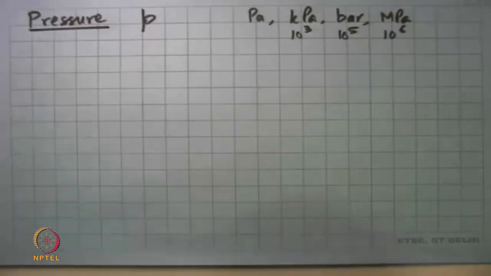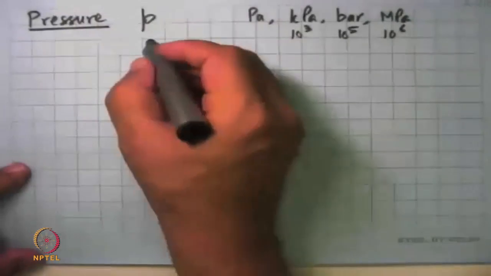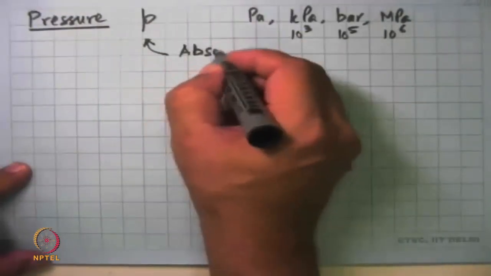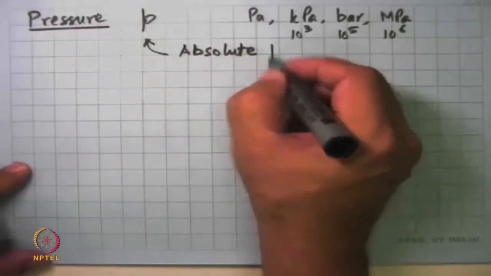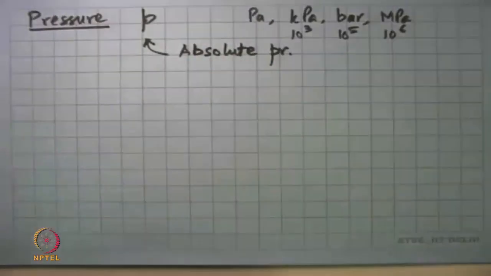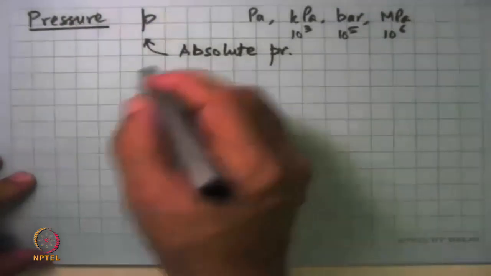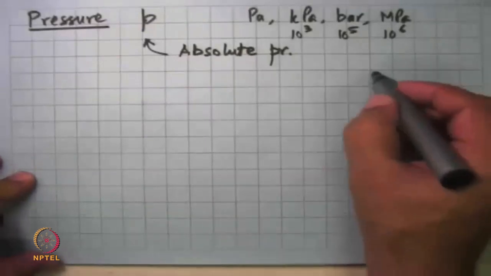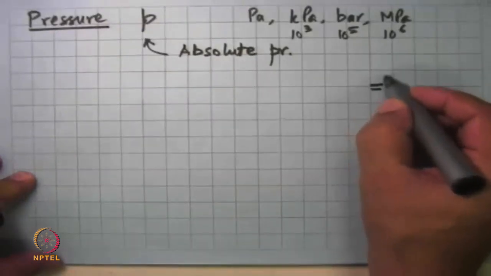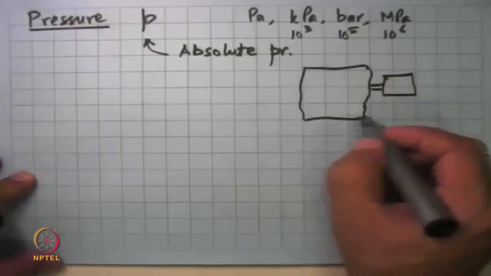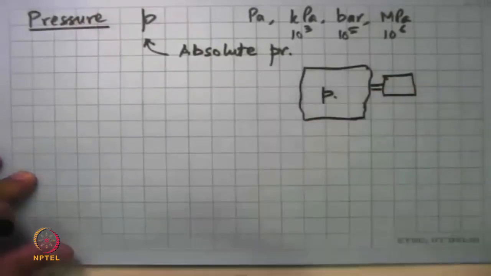And everything that you have come across as pressure so far in your life, that pressure we always assumed implicitly to be an absolute pressure. But what we measure in real life with any instrument is that here is an instrument and here is a system connected whose pressure we want to know.